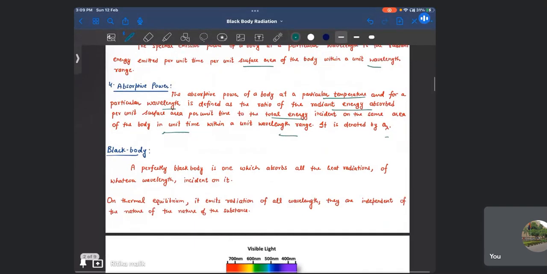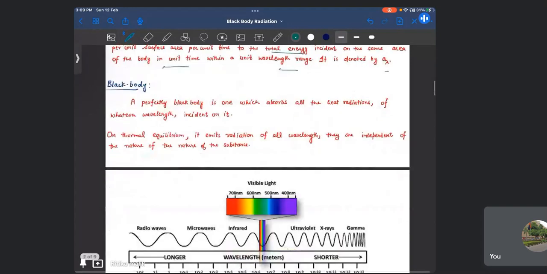A body is perfectly black if it absorbs all the heat radiation incident on it. Whatever the temperature, it is just going to absorb all the radiation. Our body is not perfectly black because we cannot absorb all types of radiation. It starts doing some kind of reactions, or maybe we start heating. So the body which absorbs all the radiations, whatever the wavelength incident on it, is known as a black body.